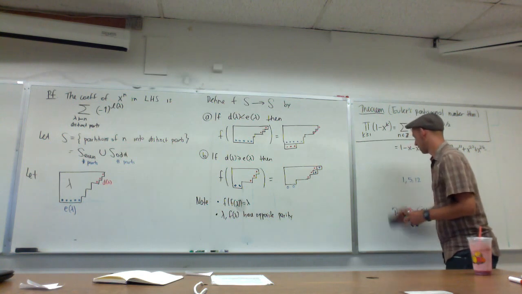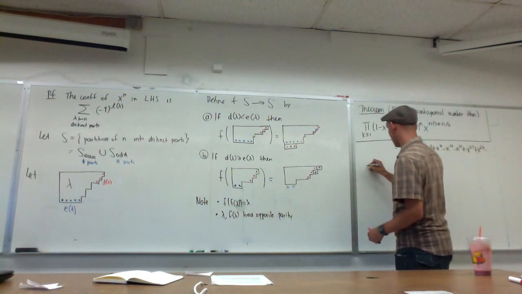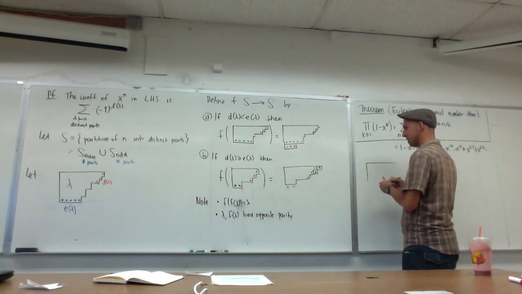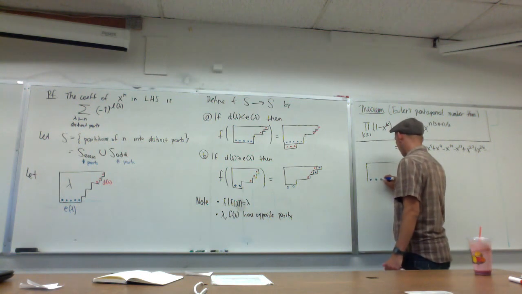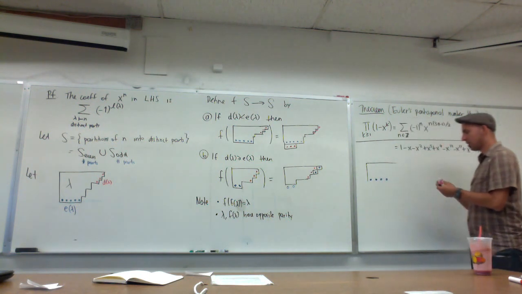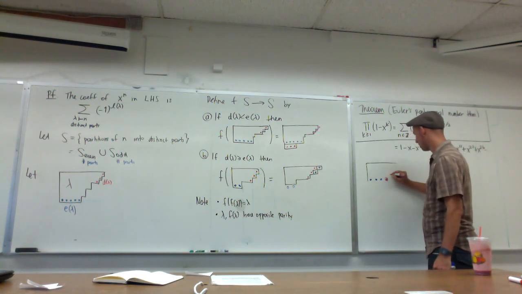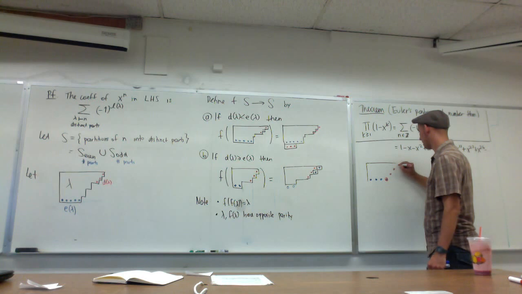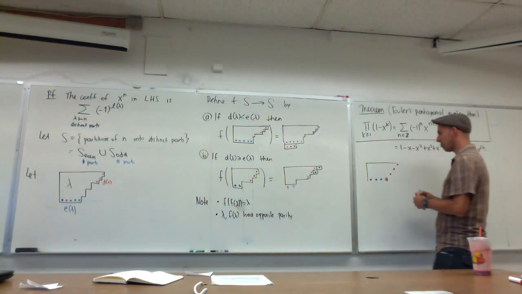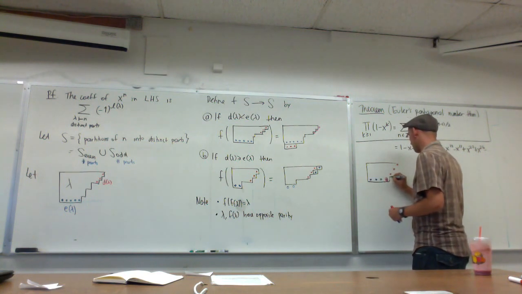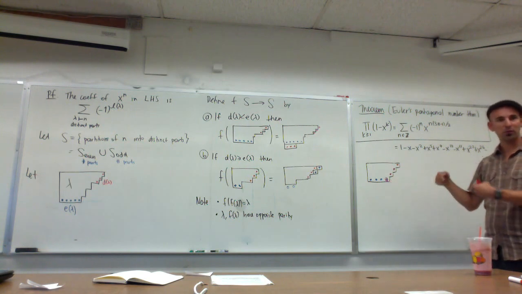So let's say that this guy has 1, 2, 3, 4, and let's say that the red goes 1, 2, 3, 4. So what does f do in this case? The red and the blue have one point in common.